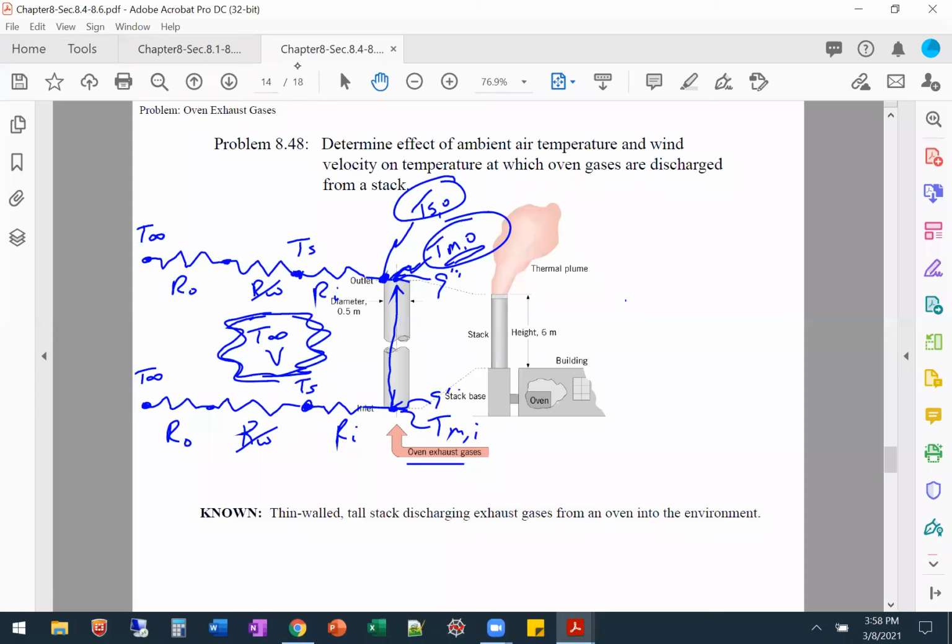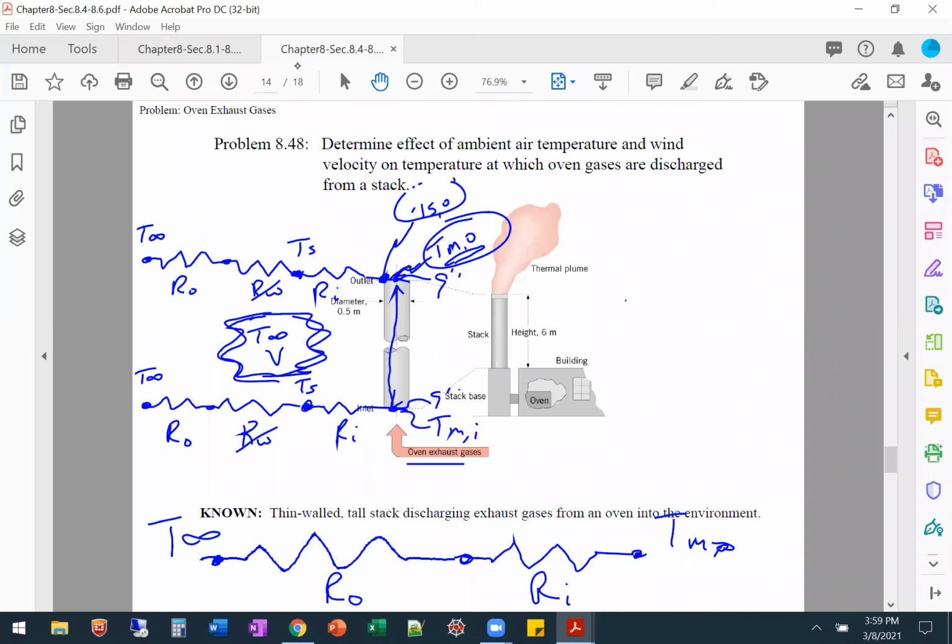So if we know, let me redraw the resistance network because I have some stuff messing it up. At the outlet, if we know the outlet's mean temperature, we just have our resistance from convection on the inside, and then resistance from convection on the outside to T infinity.